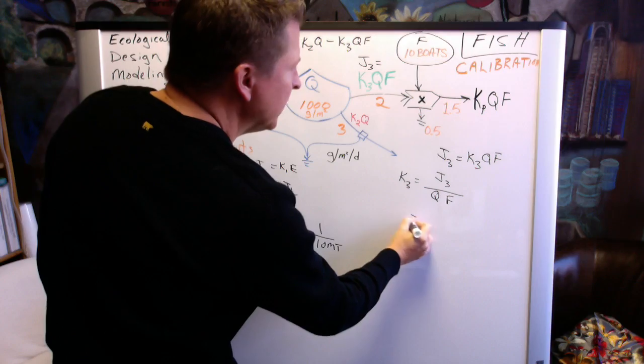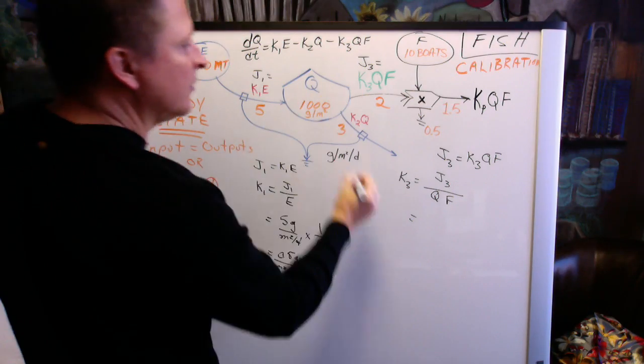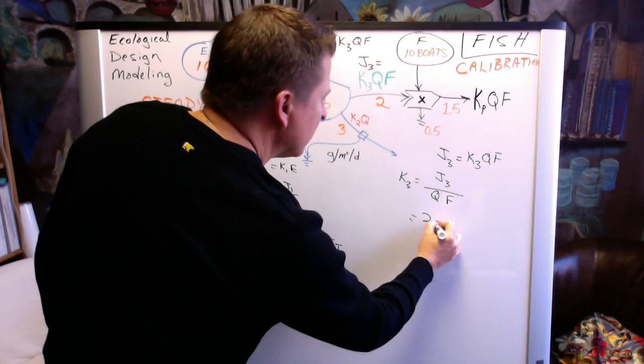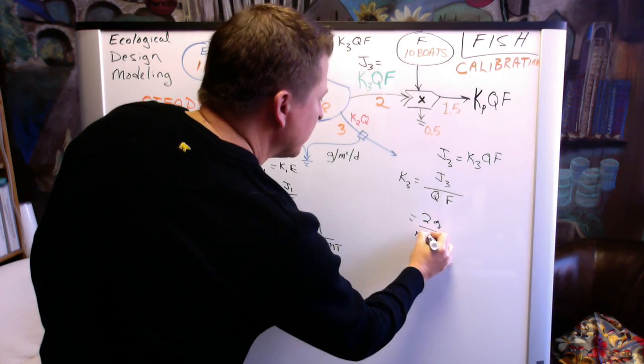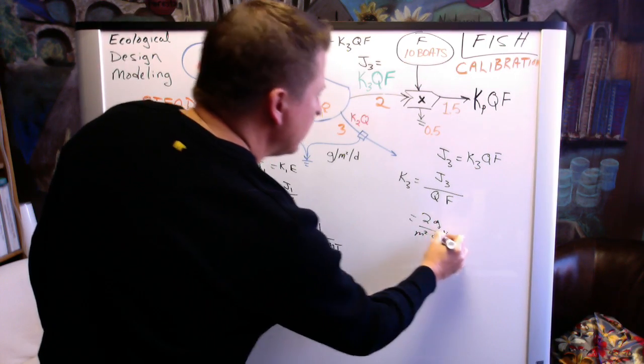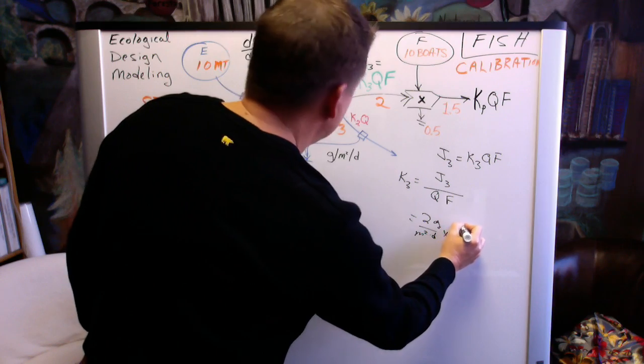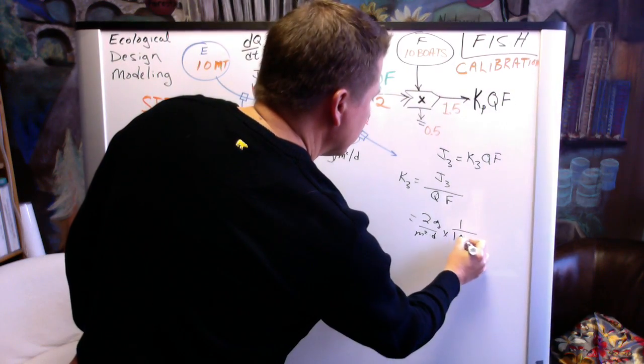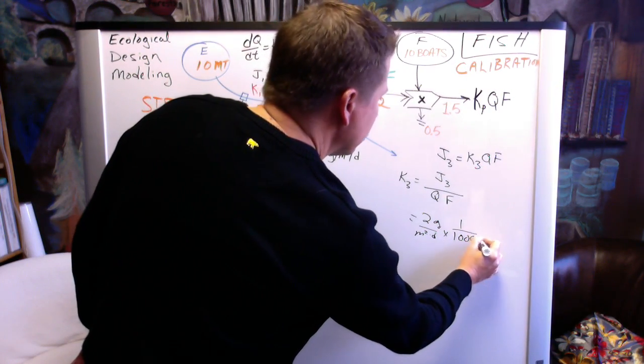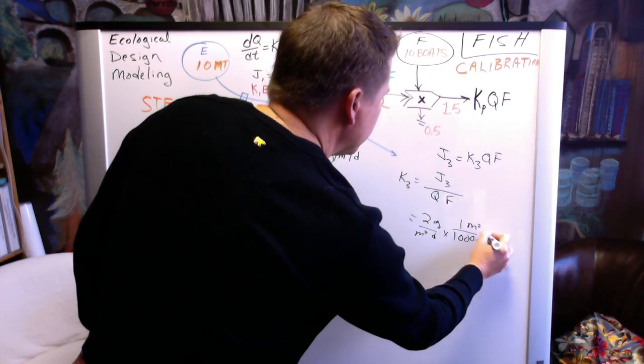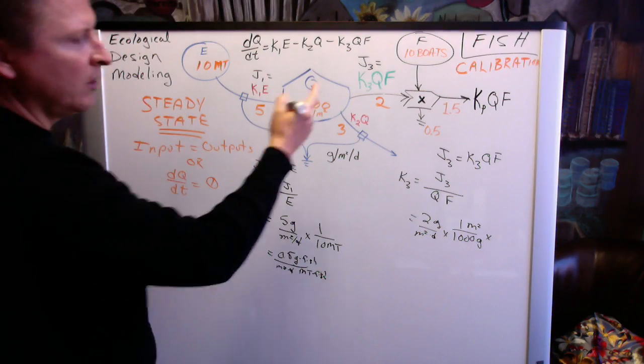We could substitute in 2 grams per square meter day times 1 over 1,000, which is our Q, so that's grams per square meter, and then 1 over our 10 boats.